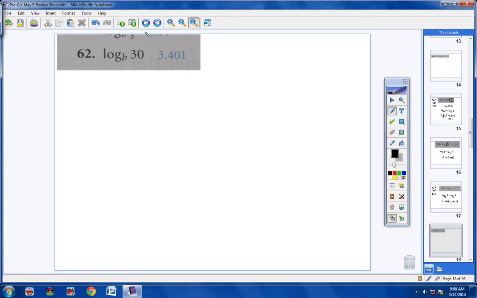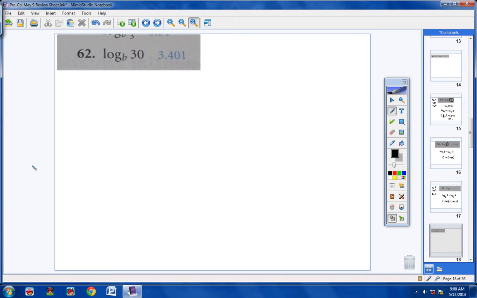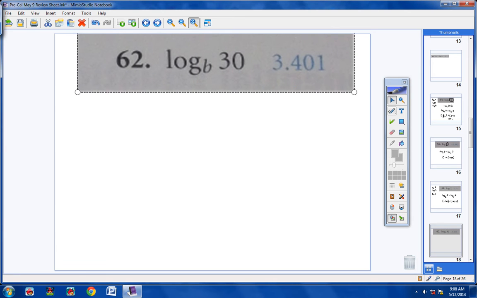Now, Matthew, any ideas? I'm going to glance back and look here at what I have. Oh, I see what to do. How can we take this 30 and break it down using the numbers that we have, Matthew? Any ideas? Using a 2, a 3, and a 5. Multiplying?